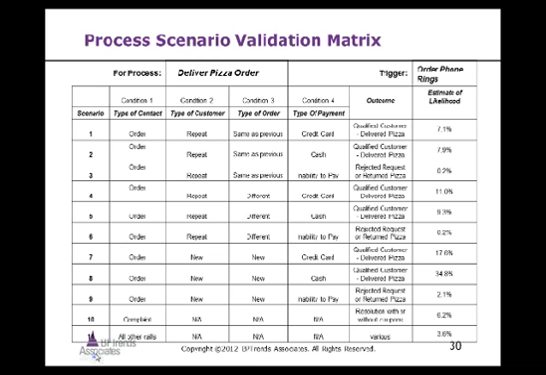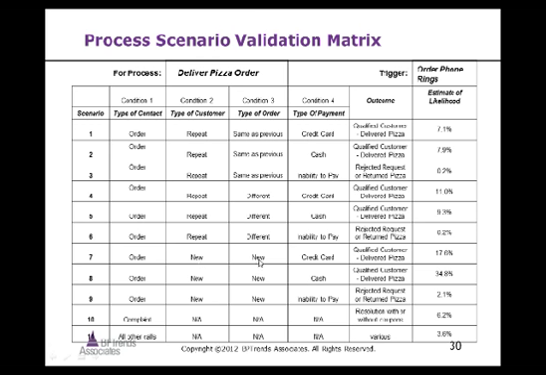So, getting closer to the end right now, we're going to talk about the redesign of that process. This is just an illustration of a set of process scenarios. Again, we don't need to look at all the details, but I'll pick one out. In this particular case, I have a variety of conditions, such as I receive an order, and it's from a new customer, line 7.